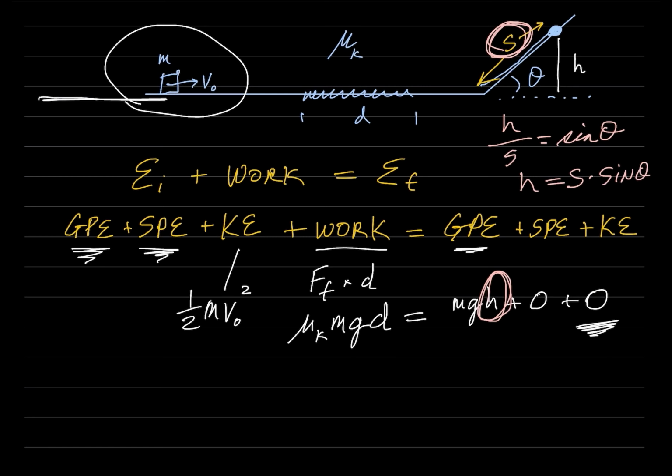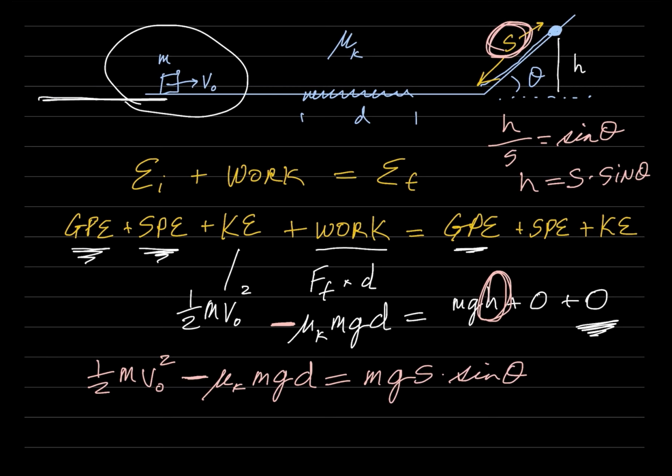Now let's plug it all in and have some fun. 1/2 times the mass times v sub naught squared minus, this is minus because this work is working against us, mu sub k mg d equals mg times h, which is s, times sine of theta.